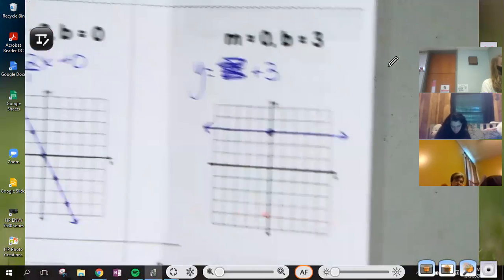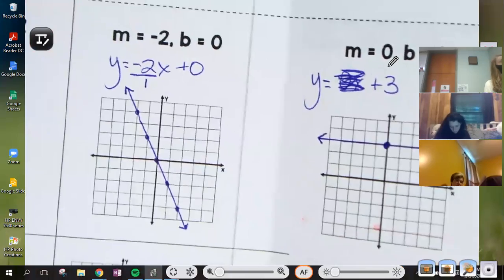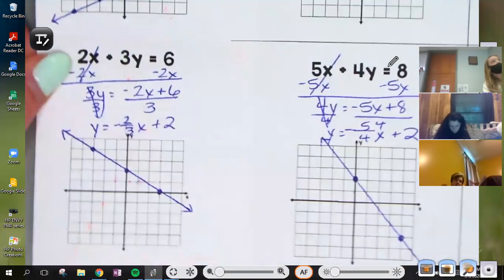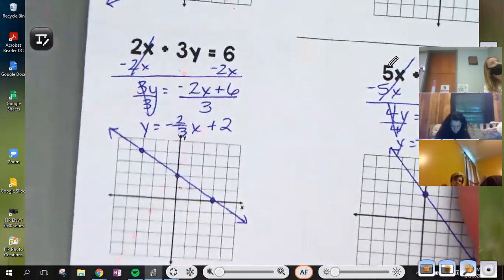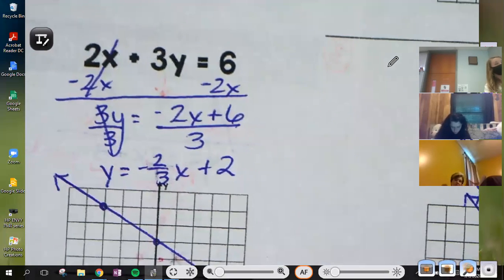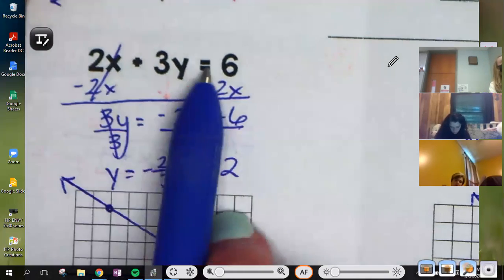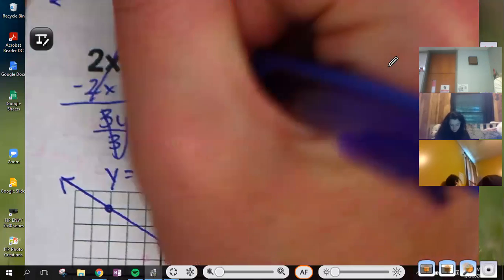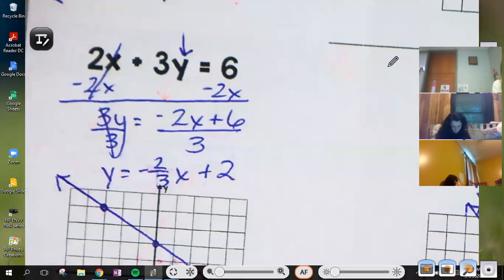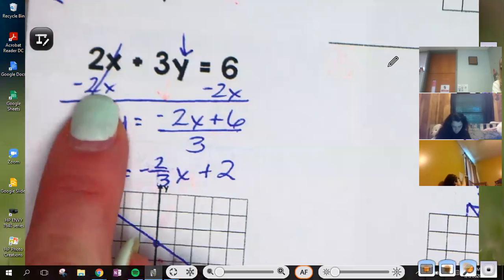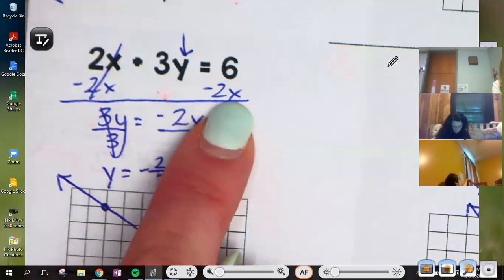All right, here's the ones where we might have got a little confused on. But that's okay. We're going to learn. We're going to know how to do it. So I had 2x plus 3y equals 6. I'm solving for y. So I have to subtract 2x on both sides.